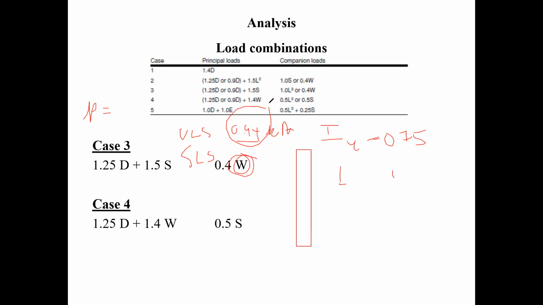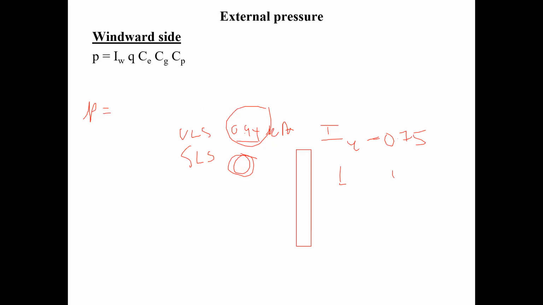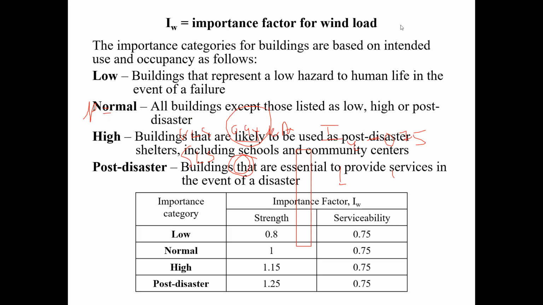You see? And that's why I show you this table here. I show you this table here so that you guys can relate to what we're talking about. That's why here I say that you calculate all your loads for your strength based on 1. What can you do for serviceability?